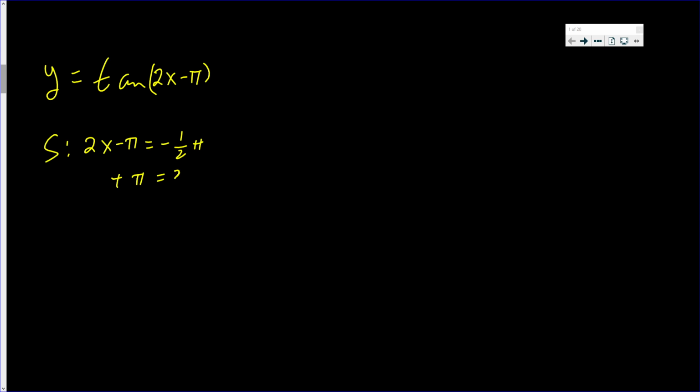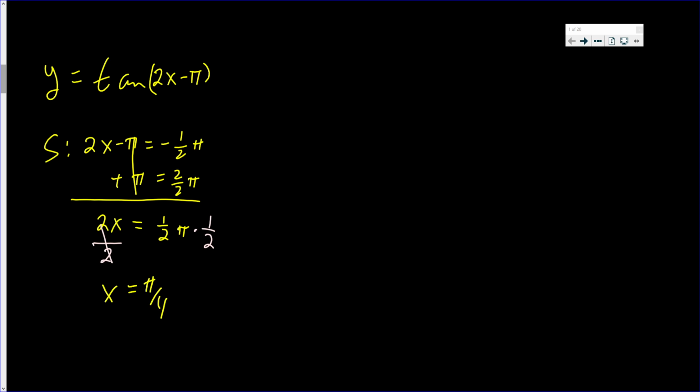Add pi to both sides. You get that 2x is equal to a half pi. On the left side it's friendly to divide by 2, but on the right side it's friendlier to multiply by the reciprocal. x is equal to pi over 4. Okay, that's where we start.